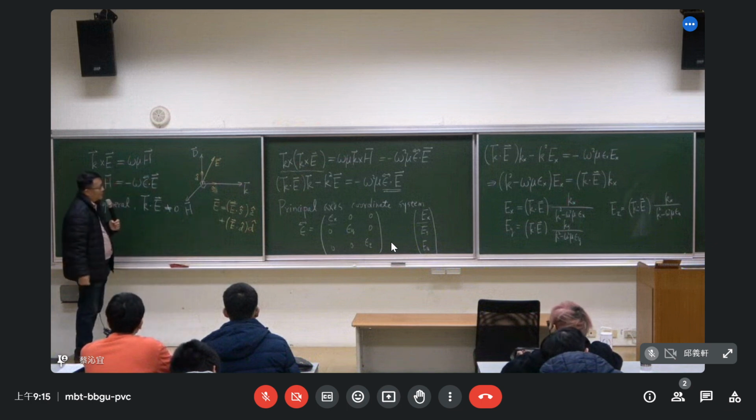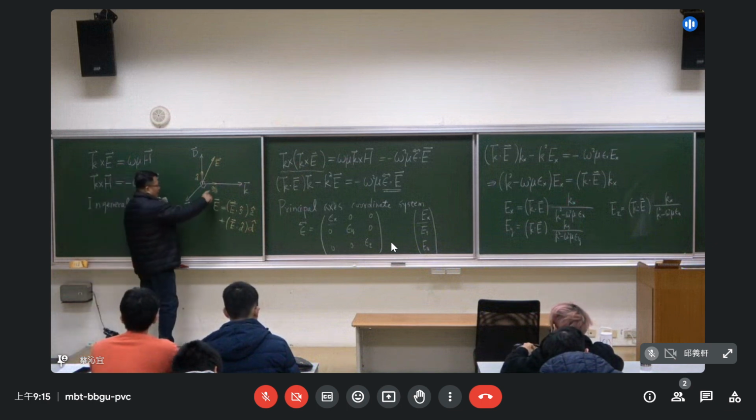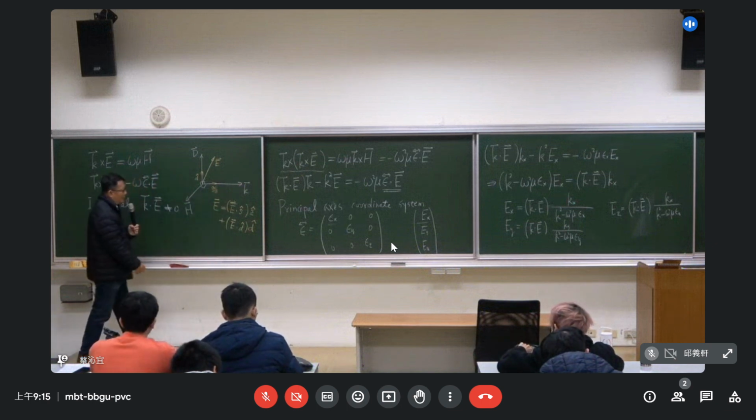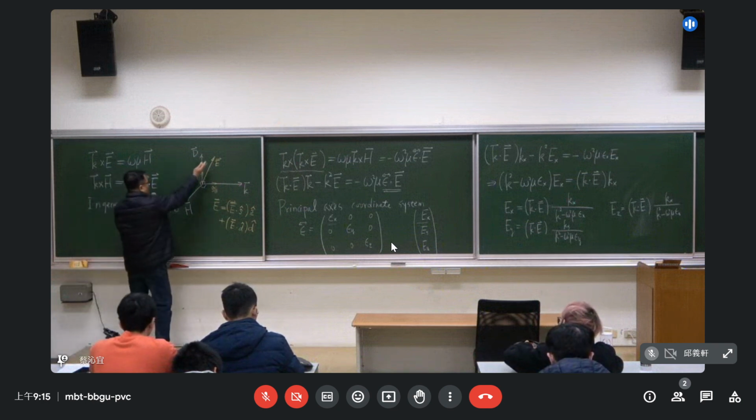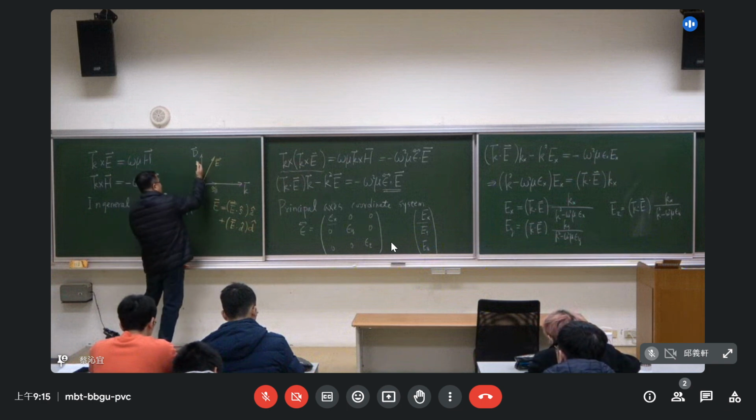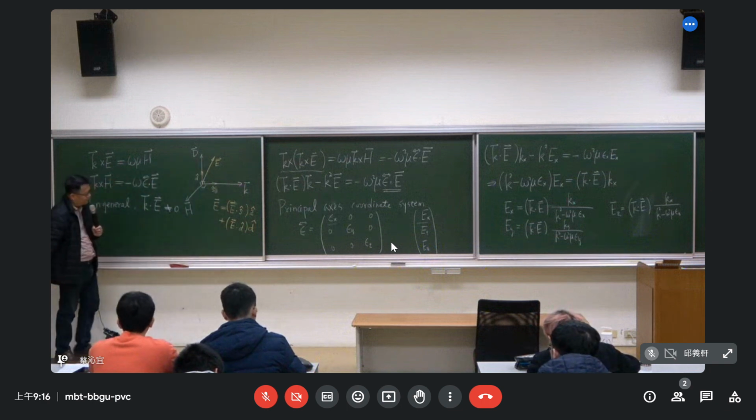So the vector E in general has a component along the S direction, and it also has a component along the D direction.